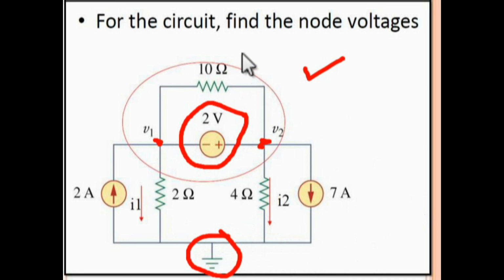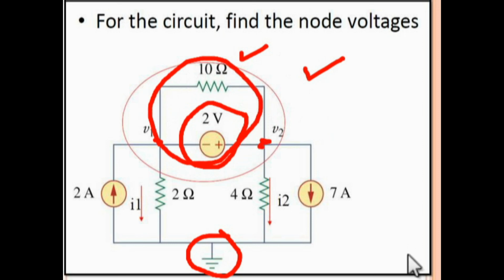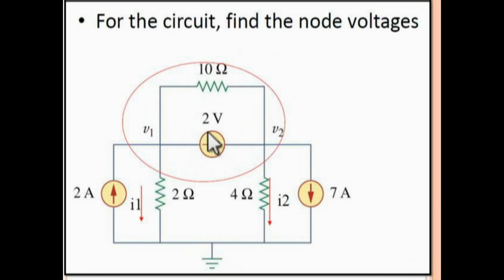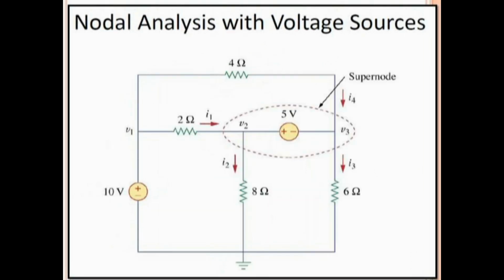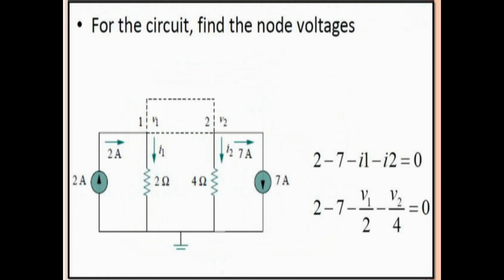There is also a 10 ohm branch in parallel, so these branches will get excluded. Then in the remaining nodes, number 1 and number 2, we will apply KCL or nodal analysis.